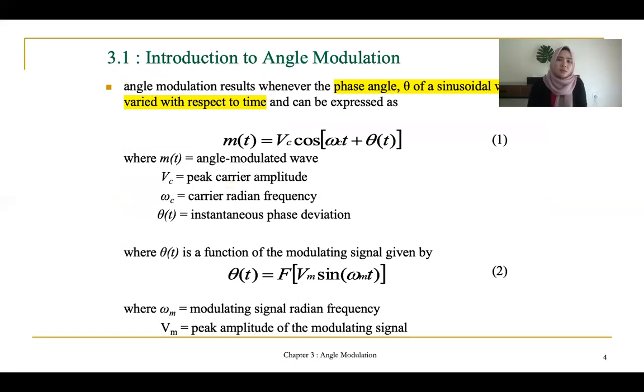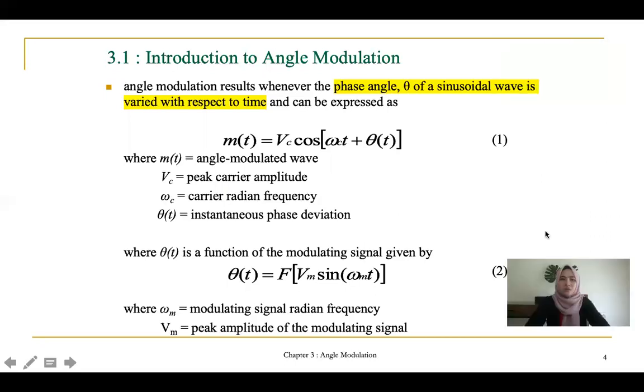So next, introduction to angle modulation. Stated here is that angle modulation is the result whenever the phase angle of a sinusoidal wave is varied with respect to time. This is the equation for the angle modulated wave. For the output of the angle modulation, we define it as m(t).